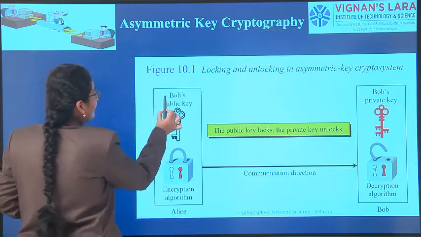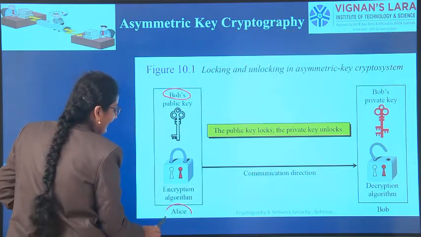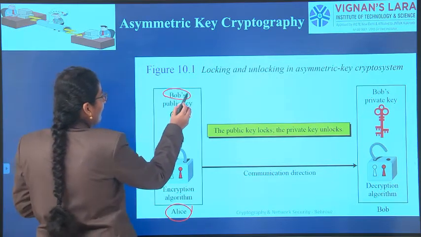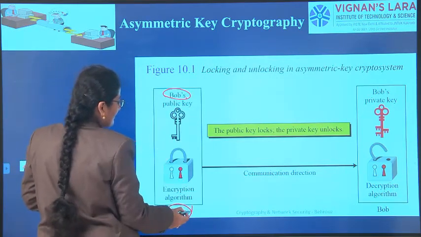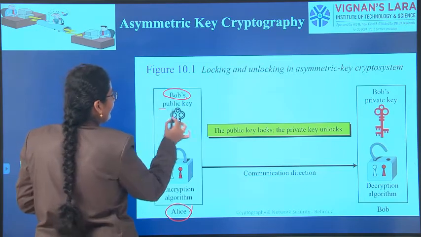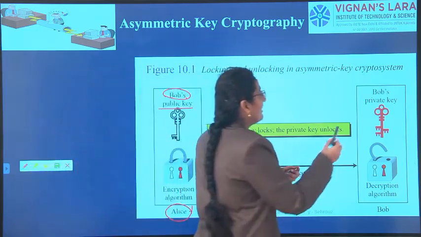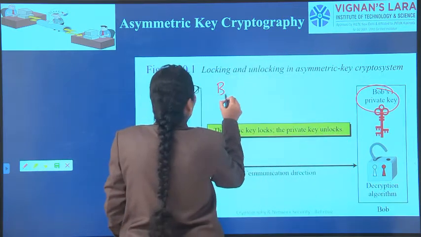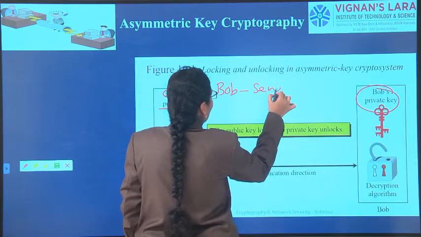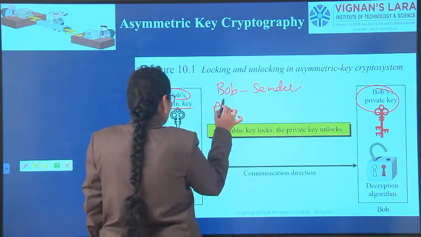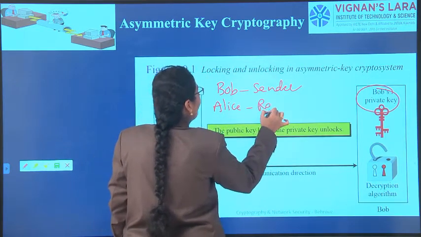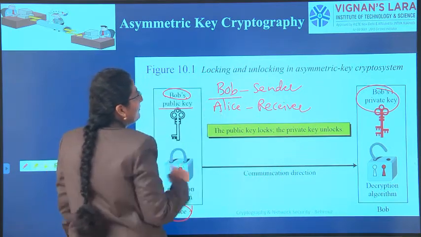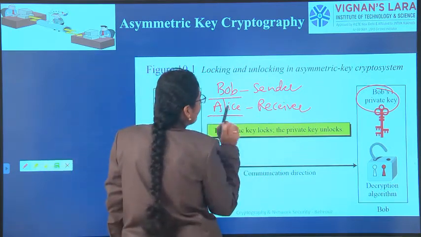Bob is a human being, Alice is also a human being. Bob wants to send a message to Alice. For encryption they use the public key, and for decryption they use the private key. So Bob is the sender, Alice is the receiver.